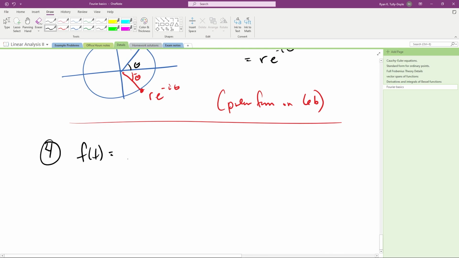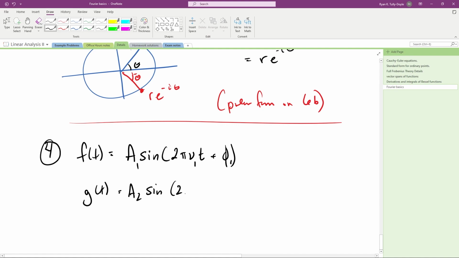So f of t could be a1 times the sine of 2 pi nu1 t plus phi1. There's one sinusoid. And let's call g of t equal to a2 sine of 2 pi nu2 t plus phi2.